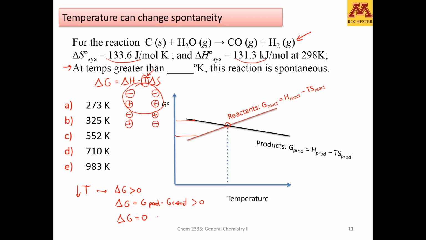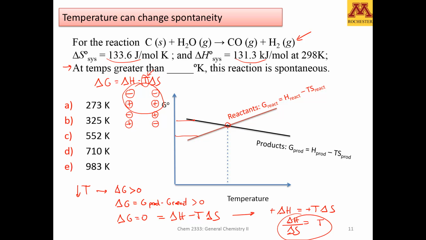Well, if delta G is 0 at that point, and I know that 0 is delta H minus T delta S, one can just find out that I'm going to move delta H to the other side, minus T delta S, that is temperature, negative negative, positive, delta H divided by delta S. This formula will give us the change of spontaneity.